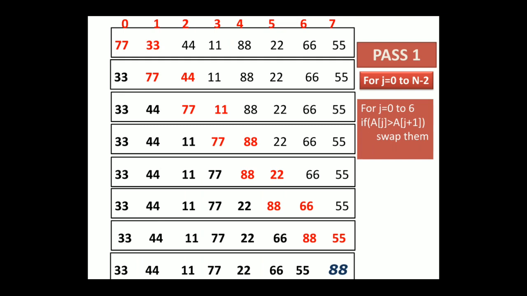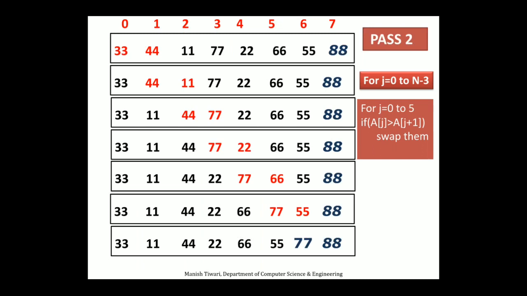So we can conclude that if the size of the array is n, then this loop will start from 0 and go up to n minus 2. And in pass 2 you can see the last comparison is between a5 and a6, so the loop starts from 0 and goes up to 5.